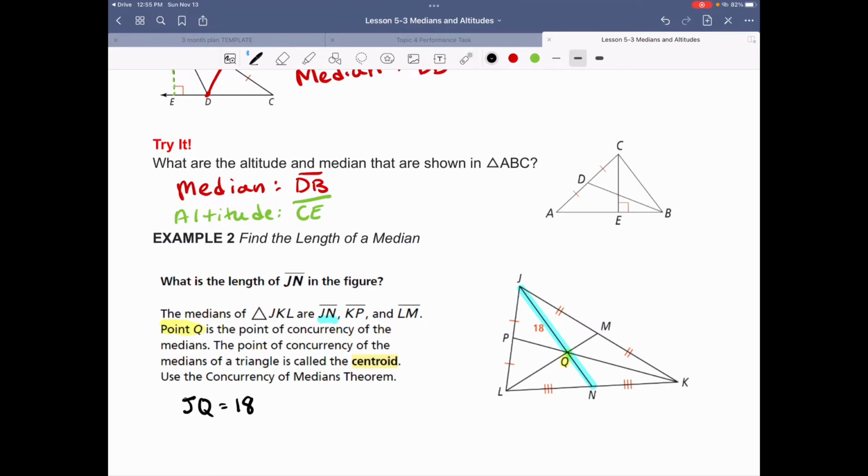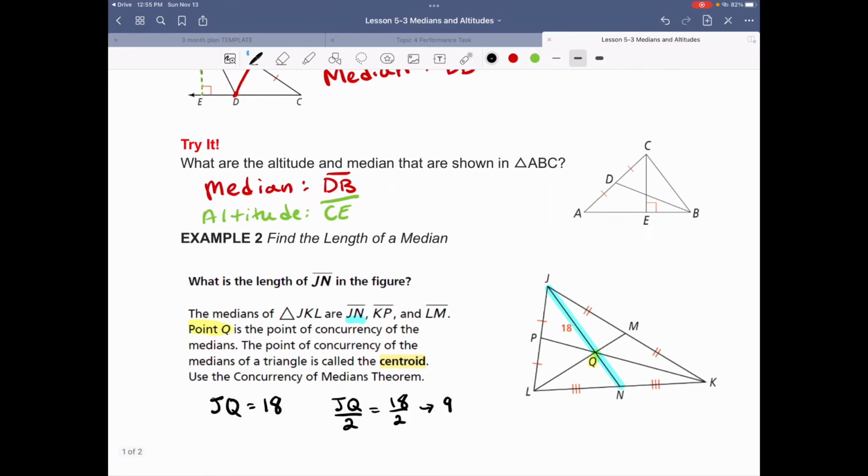So what I would do is I would divide JQ by 2, and then that gives us 9. So 9 is 1/3 of the line. And JN is the whole line.